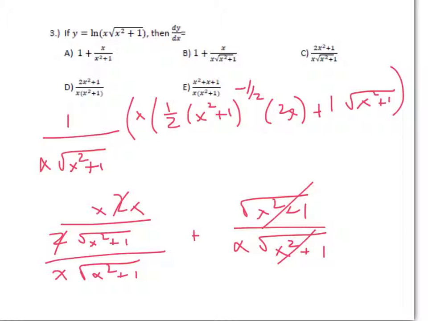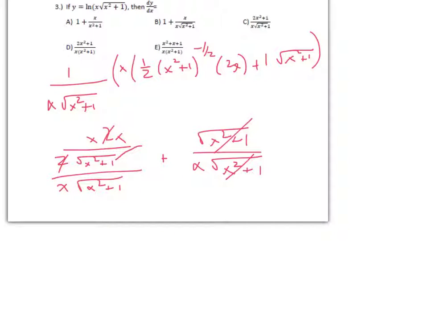Alright, so now we're going to fix it. So that leaves us with x squared over x times x squared plus 1 over x. So this square takes out that x.